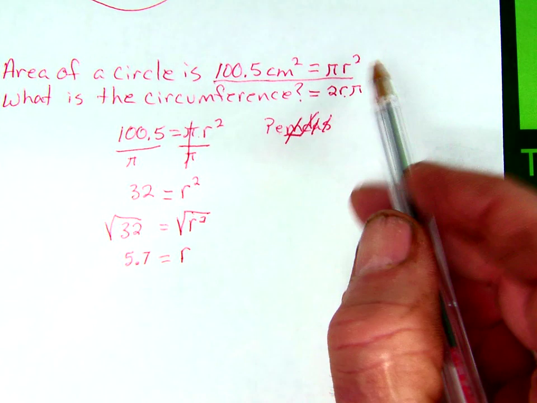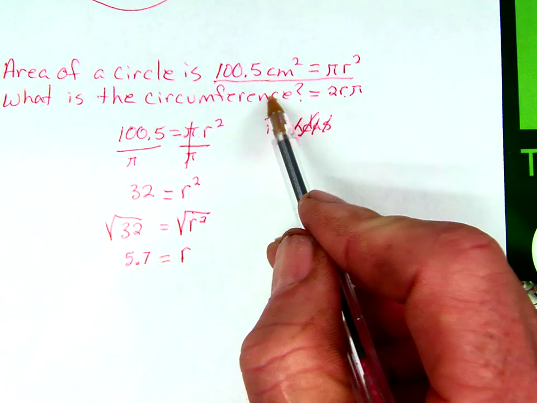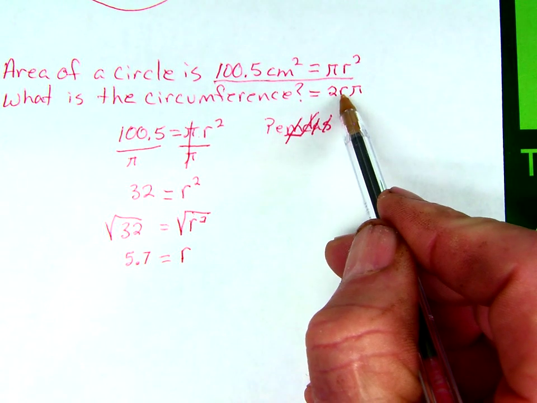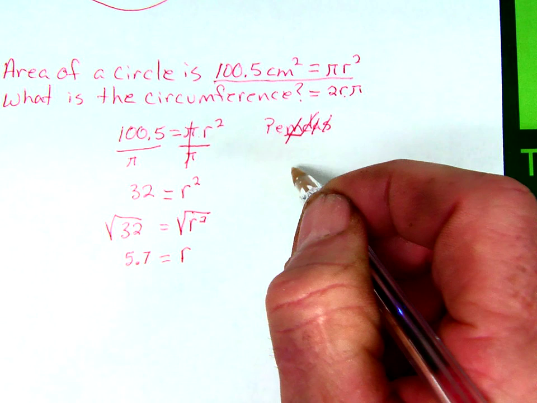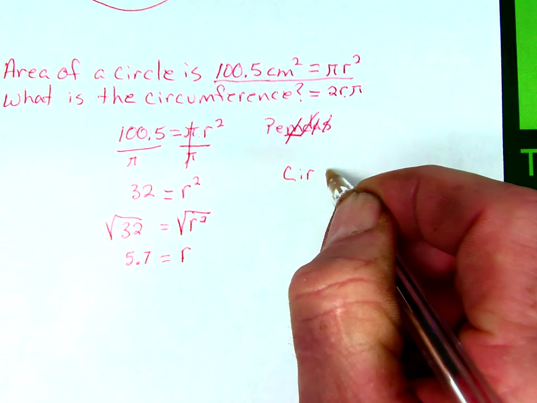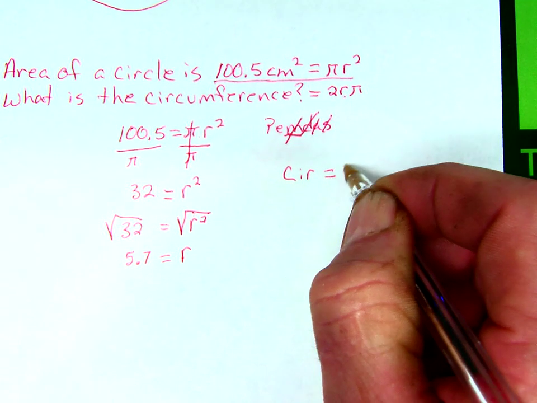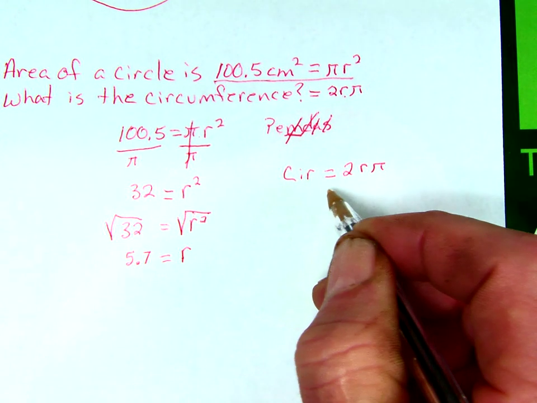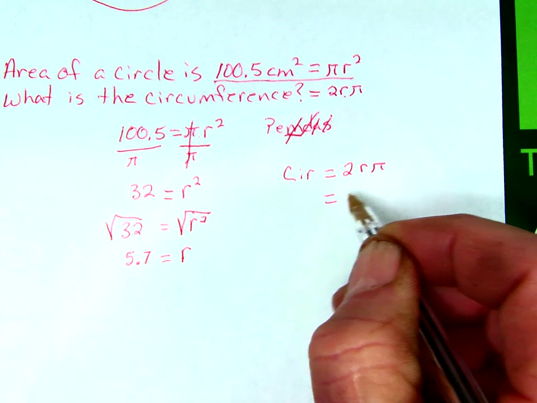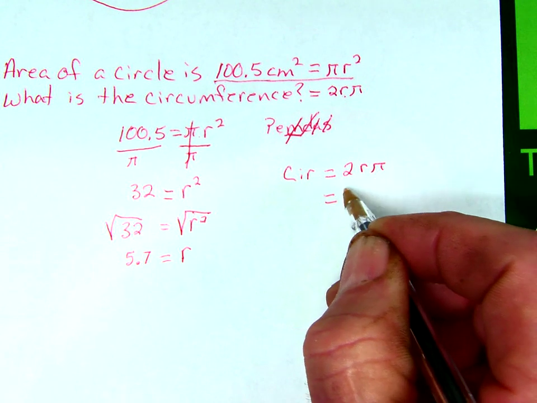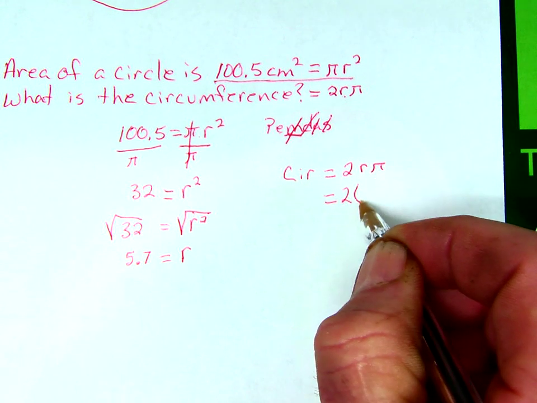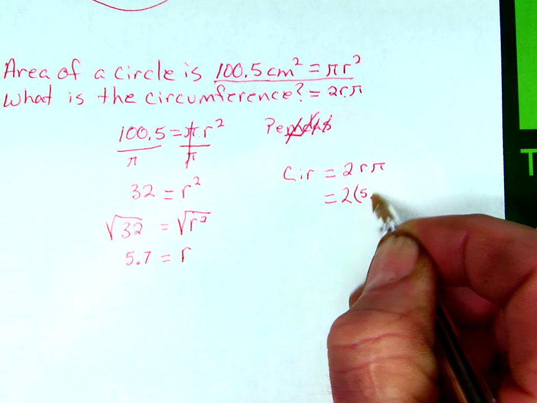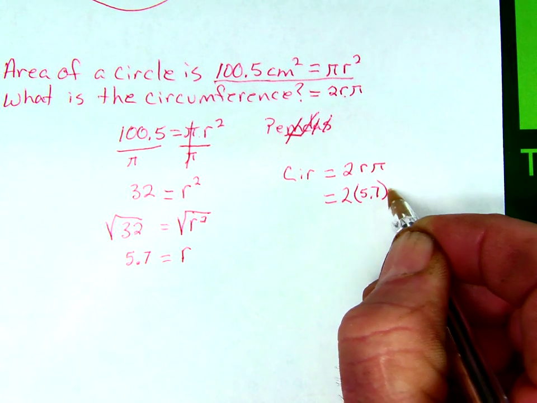Well, that's good because our formula for circumference needs a value for r. So circumference equals 2 times radius times pi. Take the r out, replace it with the value for r, so 2 times 5.7 times pi.